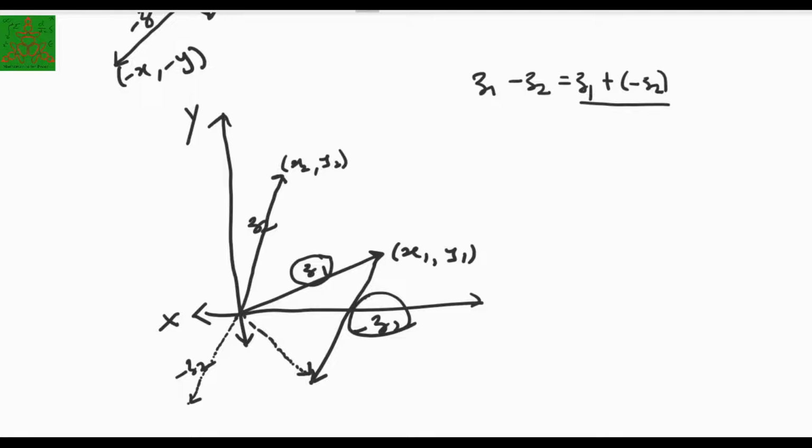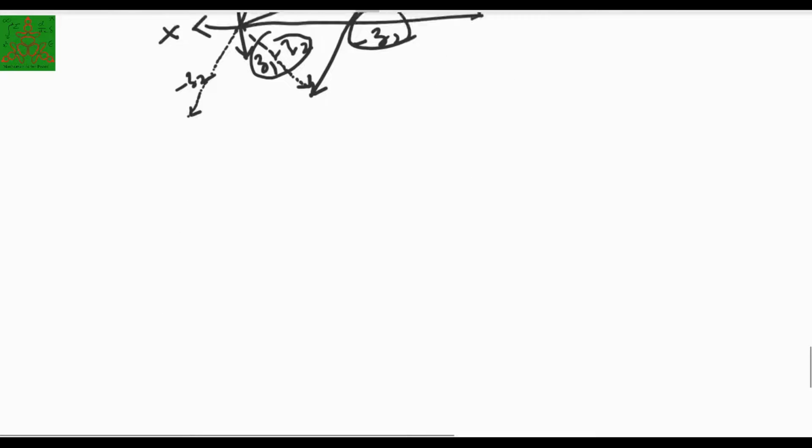So that is this vector. So z1 minus z2 will be the same as this vector that we have here. These two vectors are parallel and they are of the same length. So this is the z1 minus z2 you will have. So what is this now? That means the distance between these two will be mod of z1 minus z2. So that is the geometrical interpretation of z1 minus z2 that we have.